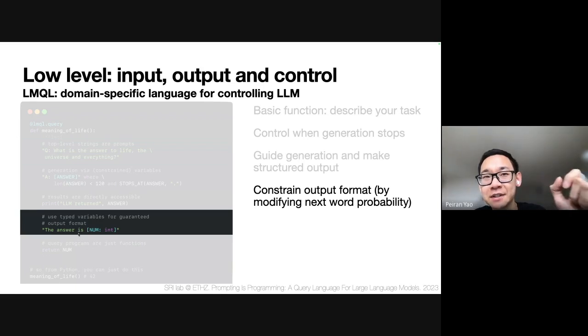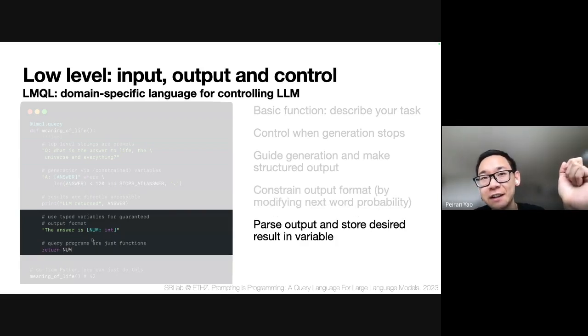You can add constraints to the answer. Here it is asking for an integer, and LMQL is modifying the list of probabilities for the next word to make sure the next word chosen matches the constraints you have. And here, the answer as a type int is stored in a variable called num.